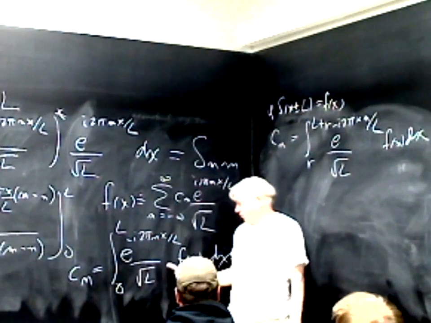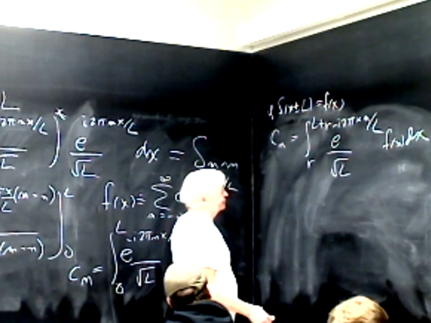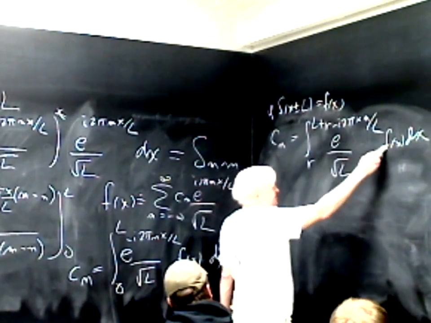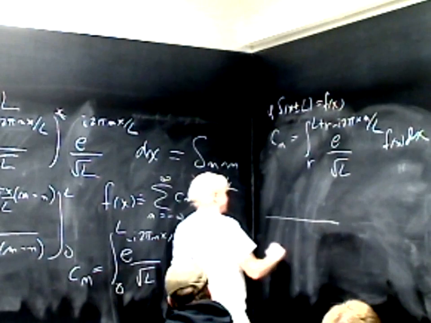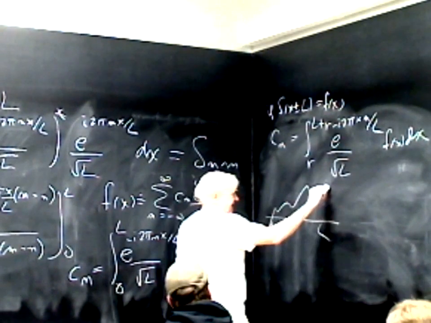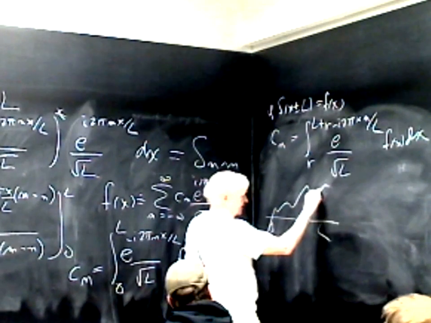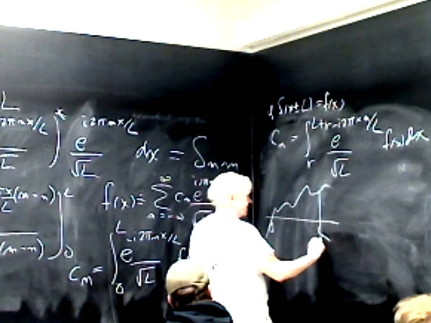So in other words, you can either use this or that, and the difference is that these two functions are periodic, so it really doesn't matter whether you integrate from 0 to L, where the thing maybe goes like that, but then at L it drops down to this.